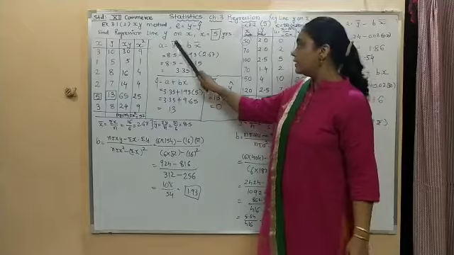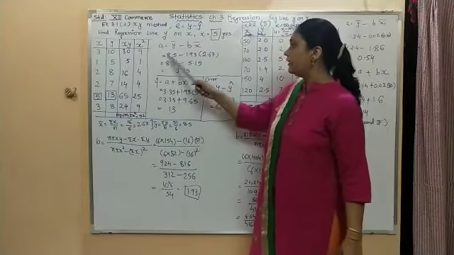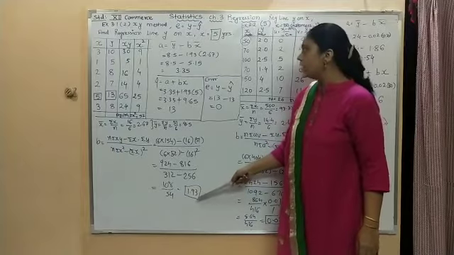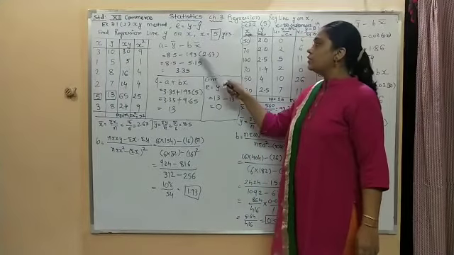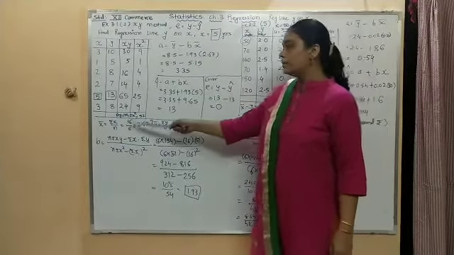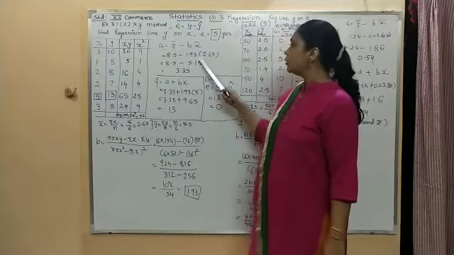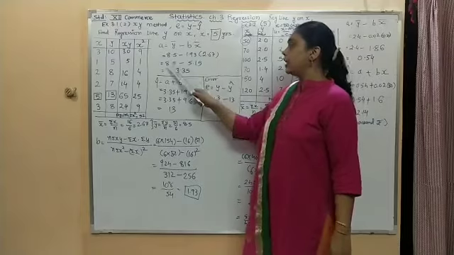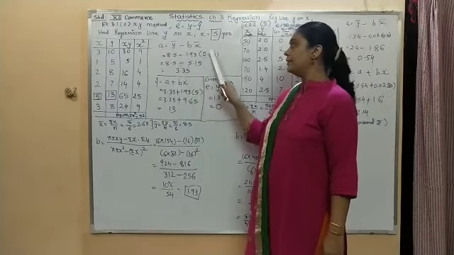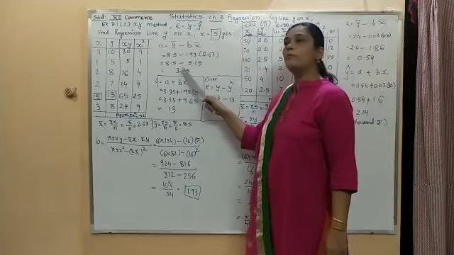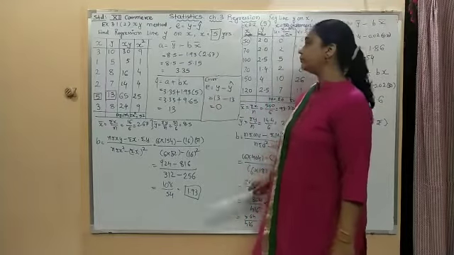Y bar is equal to 8.5 substituted, minus B's answer 1.93 into x bar, and x bar's answer is 2.67. So 8.5 minus, multiplying both, 5.15. So the answer would be 3.35.